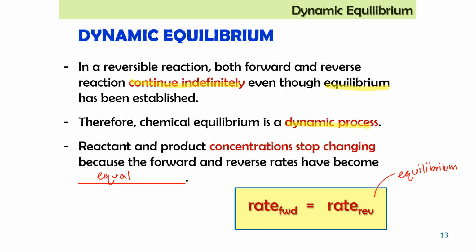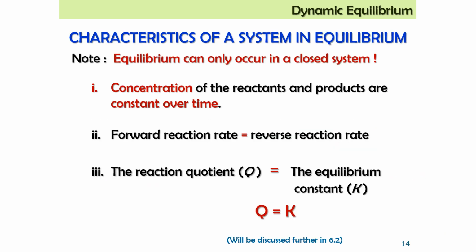Okay, so equilibrium comes from the word equal. In equilibrium means the rate of forward is equal to the rate of reverse reaction. So take note that equilibrium can only occur in a closed system, as I mentioned before. It cannot happen in an open system.